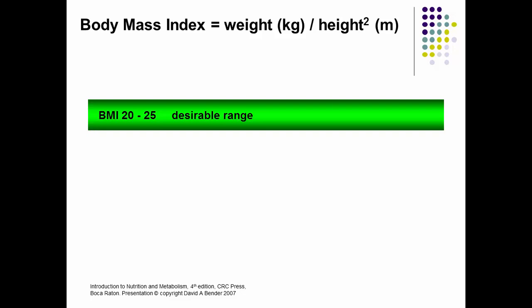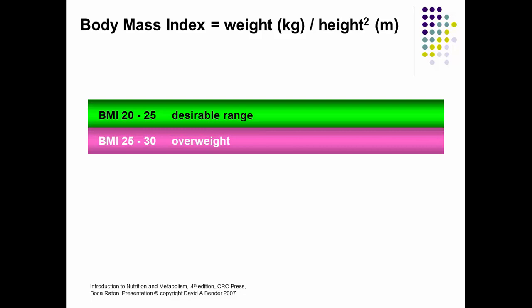So body mass index is the body weight versus the height squared. We would like to have a desired BMI, which is between 20 and 25, the desirable range.